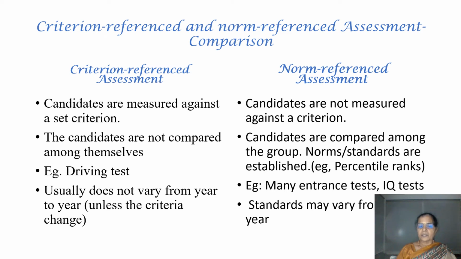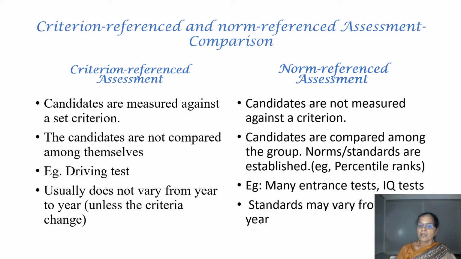On the other hand, in the norm referenced assessment, a preset criteria is not there, but all the candidates, all the students who are taking the test are compared among themselves in a group. Norms and standards are established.